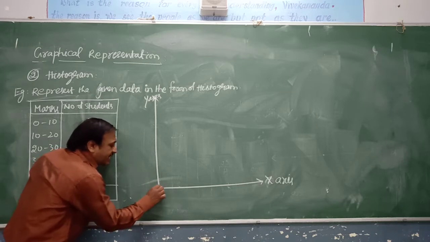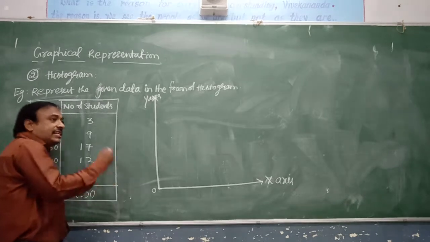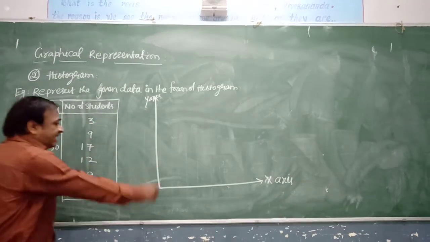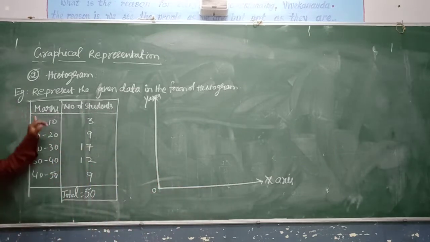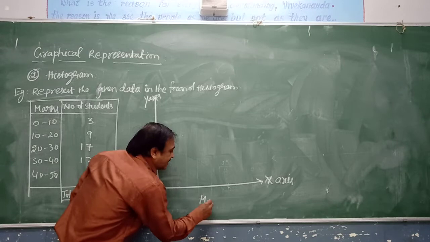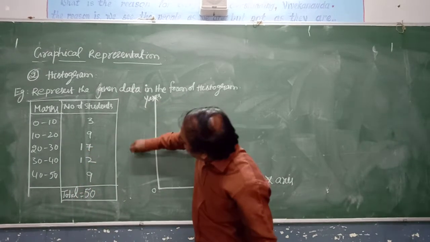While writing the numericals, we start from this 0, and equal space must be given between the numbers which you are representing on the y-axis. Here we are taking the marks of the students, that is, the class intervals, and here the number of students.